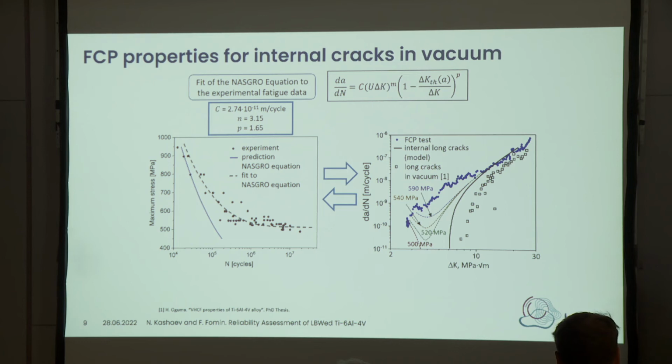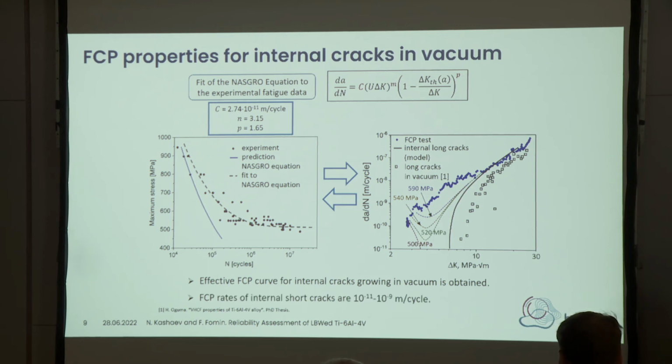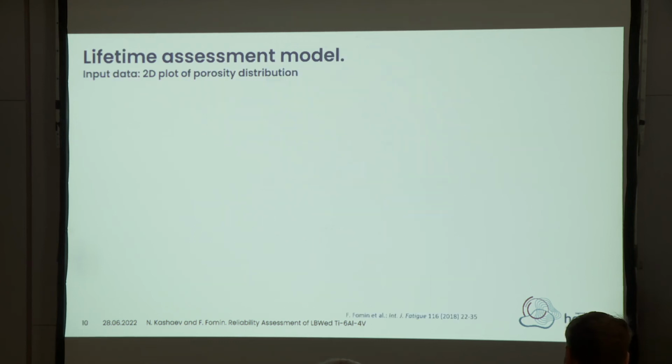Now we can predict the short crack effect, and as you can see, our model suggests that we have to use fatigue crack growth data obtained in vacuum-like conditions because we have internal crack growth, and this is the case. Okay, now we obtained our effective FCP curve and FCP rates for short cracks in a very slow region.